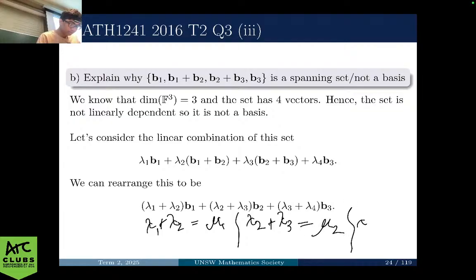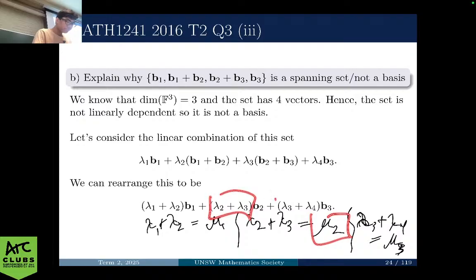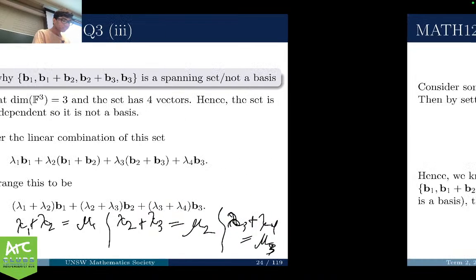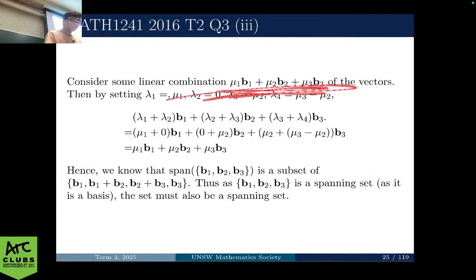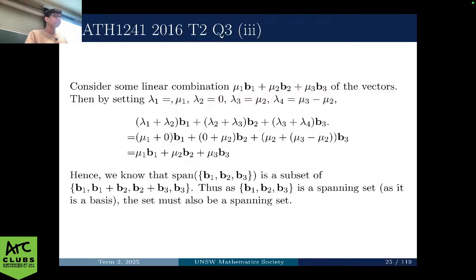And I have lambda 3 plus lambda 4 equals mu3. So I ran out of space there. That's just me saying this term here is my mu1, this term here is my mu2, and this term here is my mu3. I'm trying to get it into this form because I know this shows that it spans the whole set.